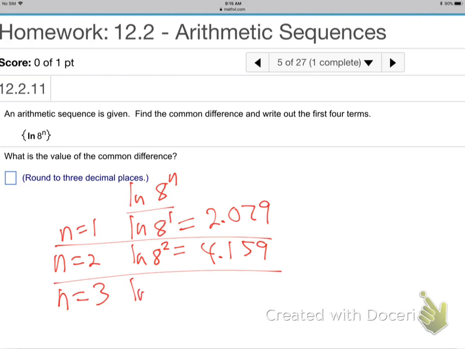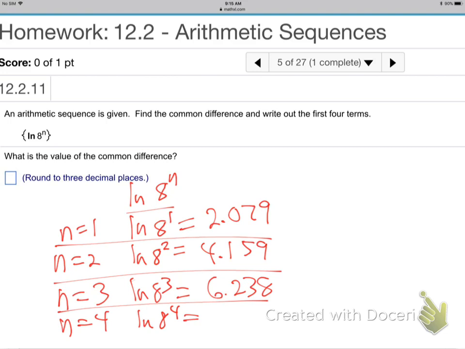There we go. I'm getting 6.238. And then they want n equals 4, natural log of 8 to the 4th. I'm getting 8.318. Y'all getting those? There's the first 4 terms.